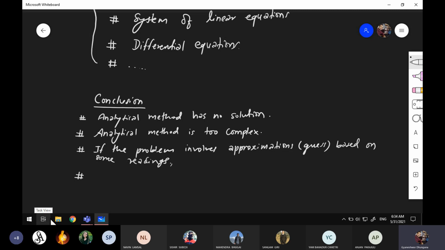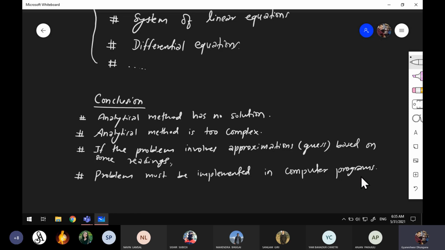And another point may be that the problem must be implemented in the form of a computer program. Then definitely we have to use numerical methods.